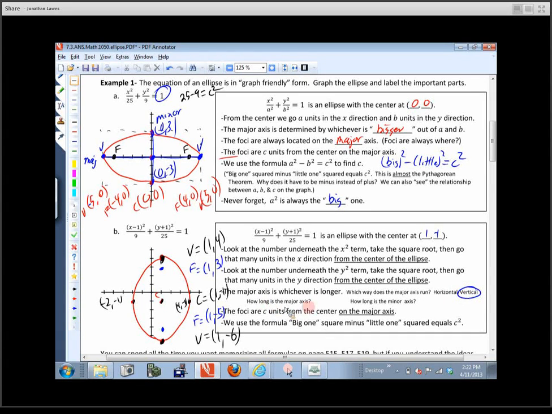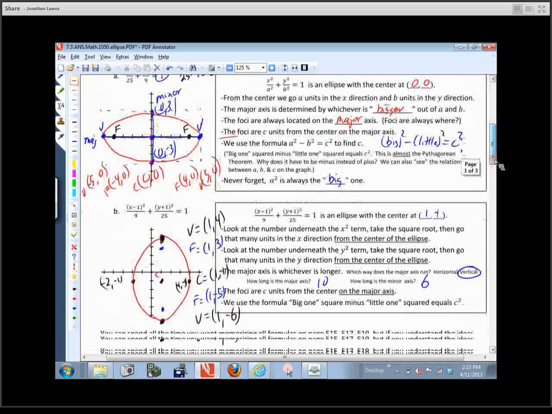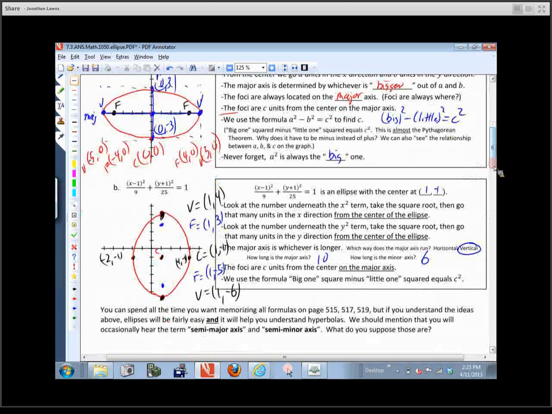Okay, how long is the major axis? 10 altogether. How long is the minor axis? It would be 6 altogether. Foci are c units from the center on the major axis, and do big 1 squared minus little 1 squared equals c squared, and that's where we end up. Okay, any questions?